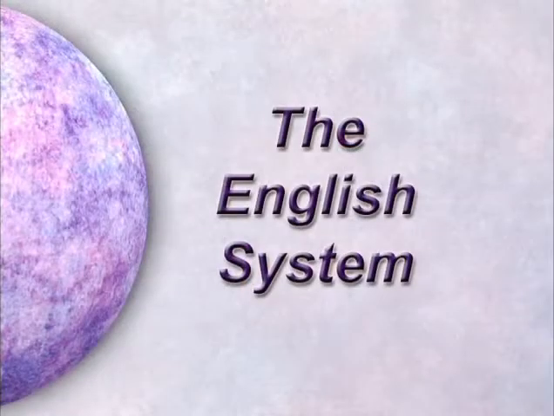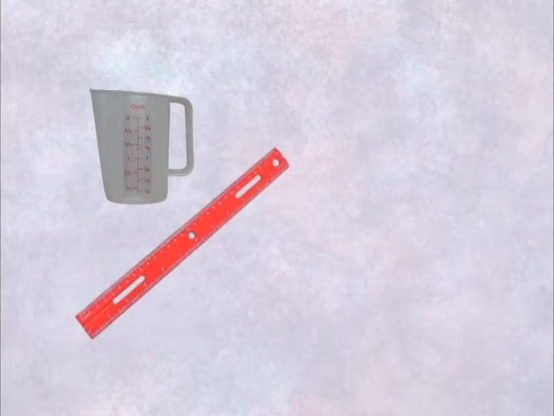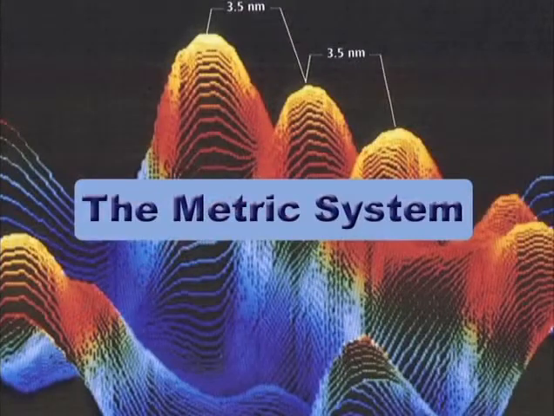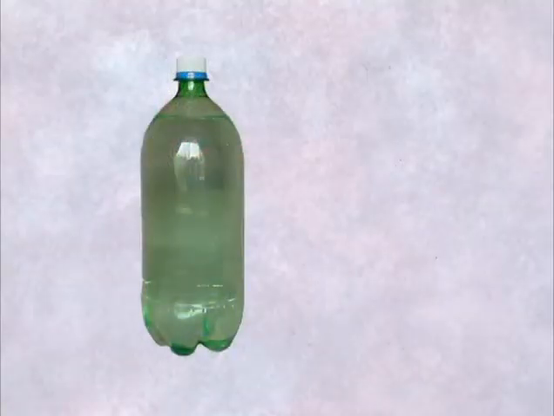Some modern examples of the English system of measurements include the cup, the ounce, the inch, and, for those trying to lose weight, the dreaded pound. However, the metric system has crept into our lives over the years. Some examples include 2-liter soft drinks and 35mm film.